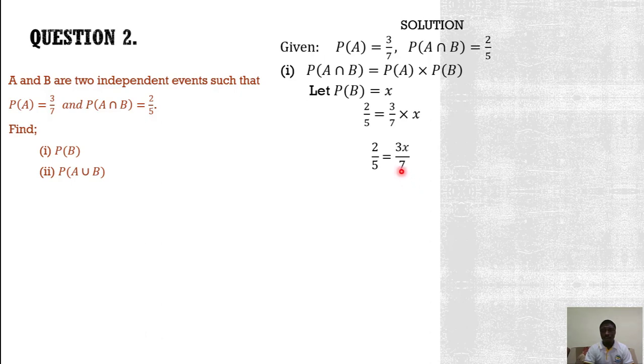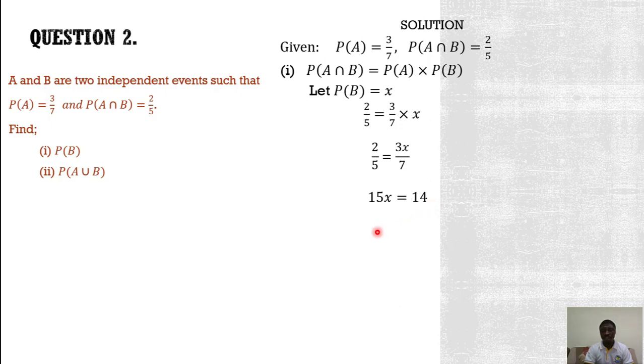So by cross multiplication, 5 times 3x will give us 15x, equal to 7 times 2, that will give us 14.